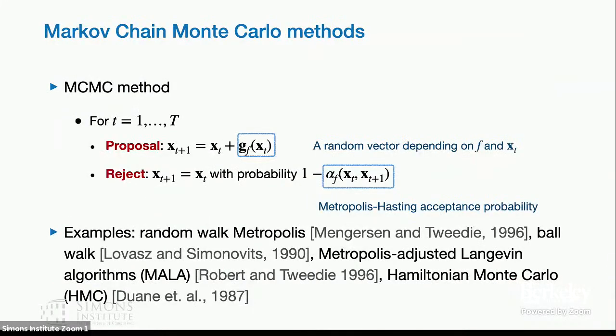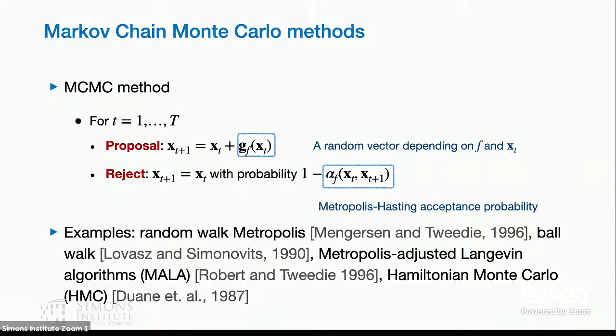In order to do that, there are a lot of MCMC methods we can use. For most of them, we can describe them in the following very generic form. It is an iterative numerical algorithm. Given some initial sample, let's say x_0, we keep generating new samples from the current sample.